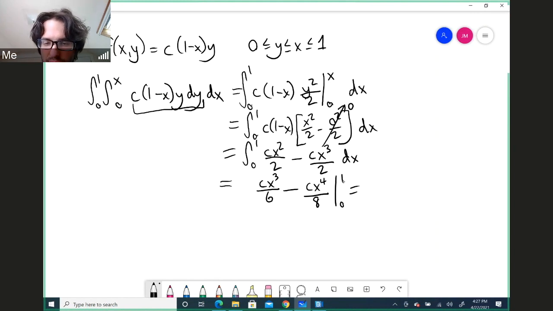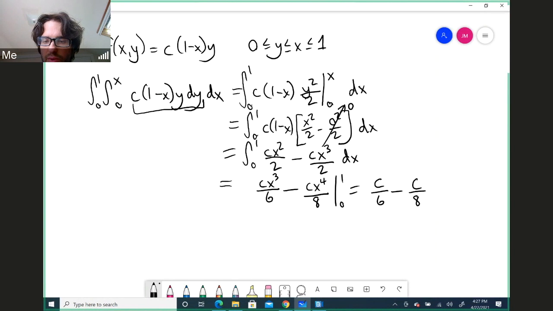The next thing is we want to plug in the 1 and 0, which are the values we're evaluating at. Of course, 1 plugged into x to the 4th and x to the 3rd is just going to equal 1, and the 0 is going to make those respective terms go away. So we end up with c over 6 minus c over 8.